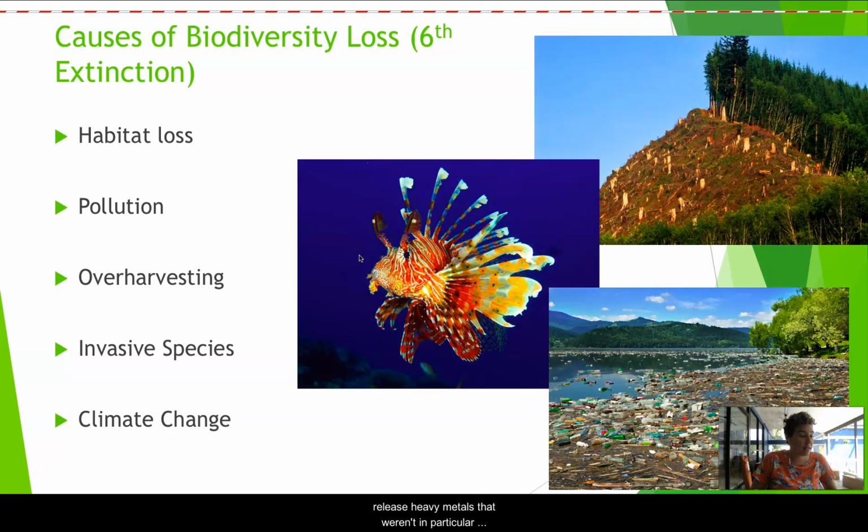Also, we have a tendency to release heavy metals that weren't in particular ecosystems into those ecosystems through the water. Endocrine disrupting compounds are medicine. We often, either if pills are directly flushed or when we excrete them in our pee, they end up in the water system as well. And that medicine can actually have bad impacts for animals and plants down the line from us.